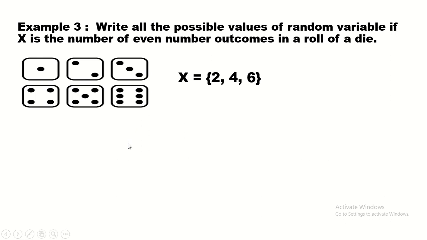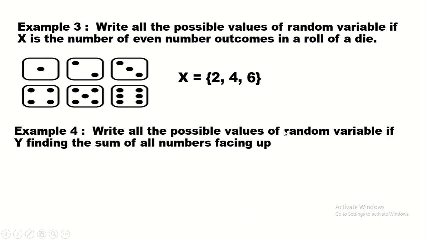Okay. Example number 4. Write all the possible values of random variable y if y is the sum of all numbers facing up. So, ibig sabihin, ang titingnan natin dito ay yung mga nasa ibabaw na mukha ng dice. So, sa bawat paghagis natin ng dice, kailangan yung dalawang naka-facing up na mukha ng dice ay i-add natin.